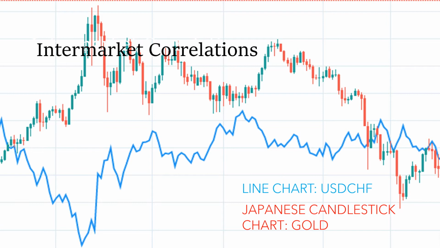When gold goes up, the US dollar to the Swiss franc goes down, and when gold goes down, the US dollar to the Swiss franc goes up. As you can see on this chart, when gold goes up, the US dollar to the Swiss franc goes down, and when the US dollar to the Swiss franc goes up, gold comes down.